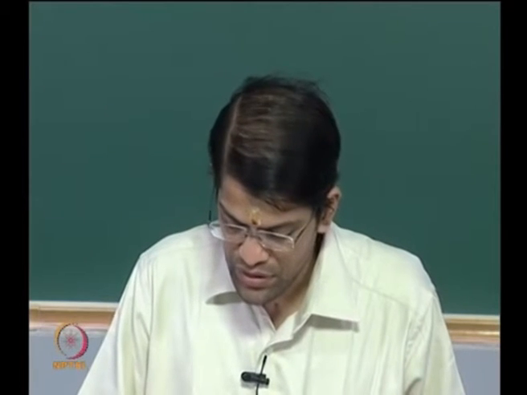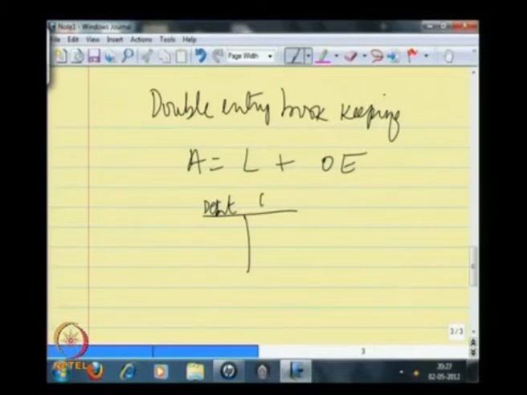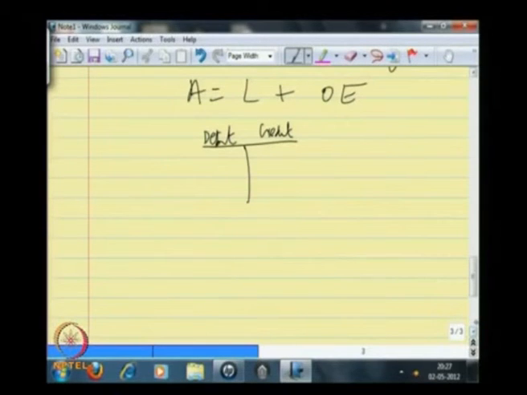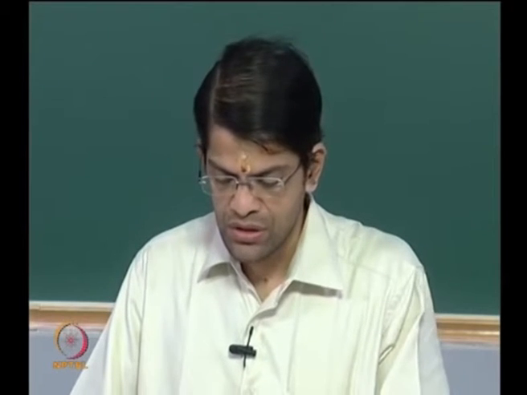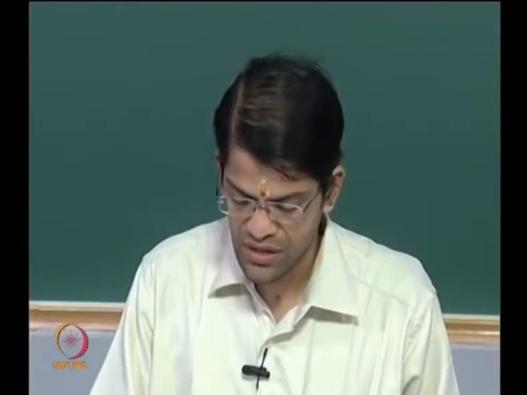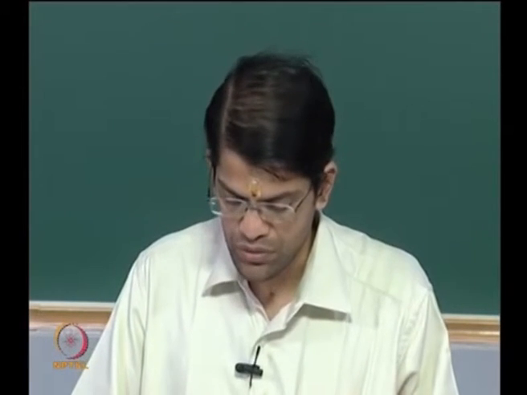In accounting, debit simply means the left hand side and credit simply means the right hand side, that is it. And when we record each of the transactions and its impact to a particular account, we just use this T, the T account, and record the impact of the transaction to that particular account.